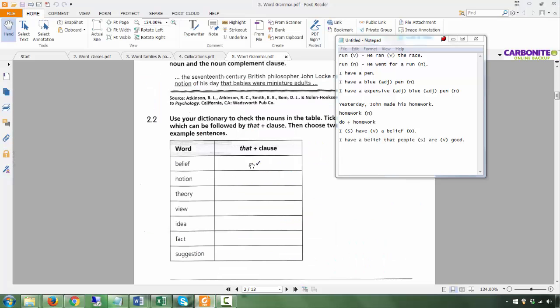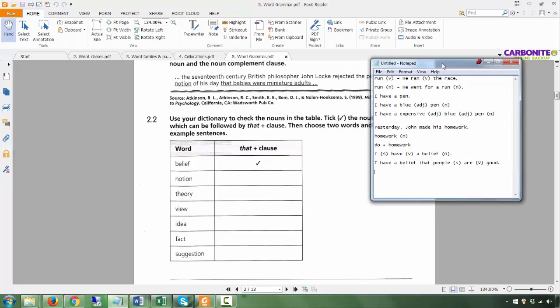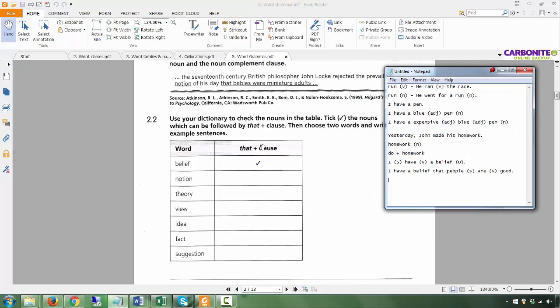And if this particular word doesn't use this pattern, then don't put a tick. Not every word will use a particular pattern. They're trying to get you familiar with some common patterns. This is a very common pattern, that plus clause, and let you know that some words use this pattern, some words don't. So if a word doesn't use this pattern, then you can't use this pattern.